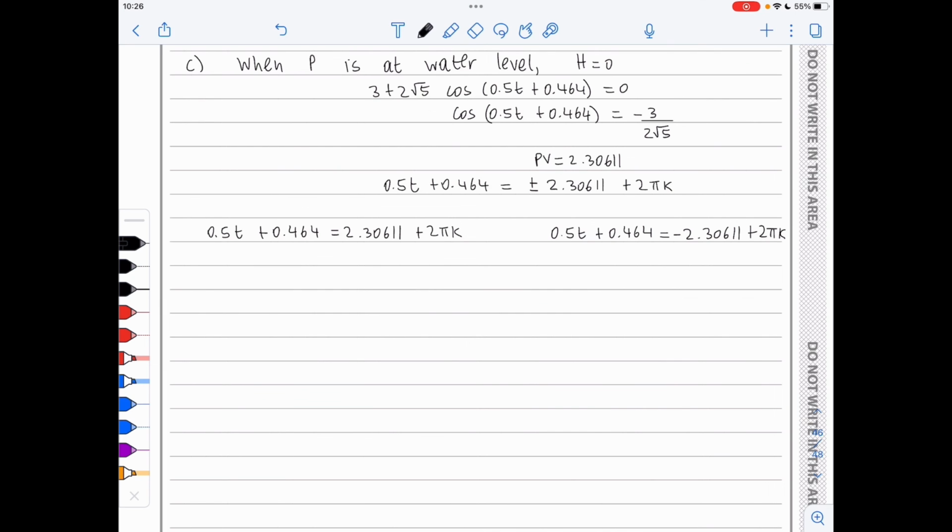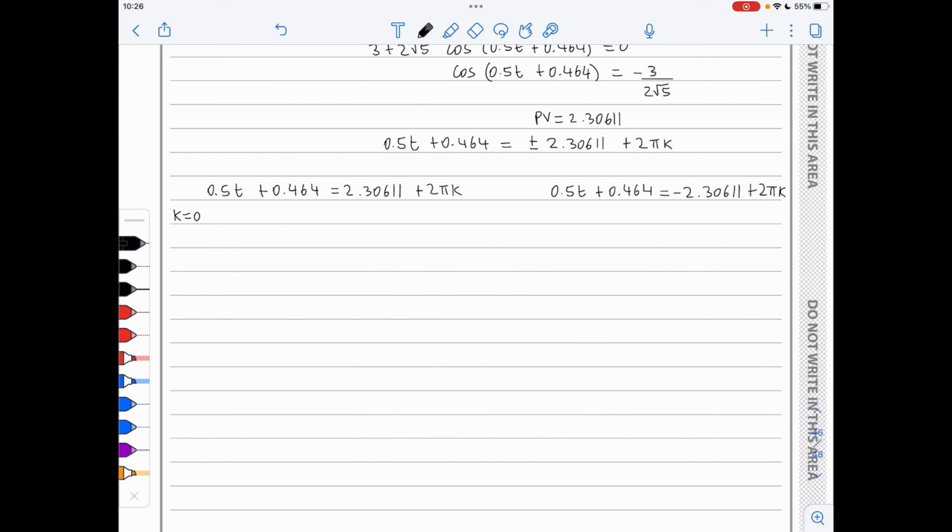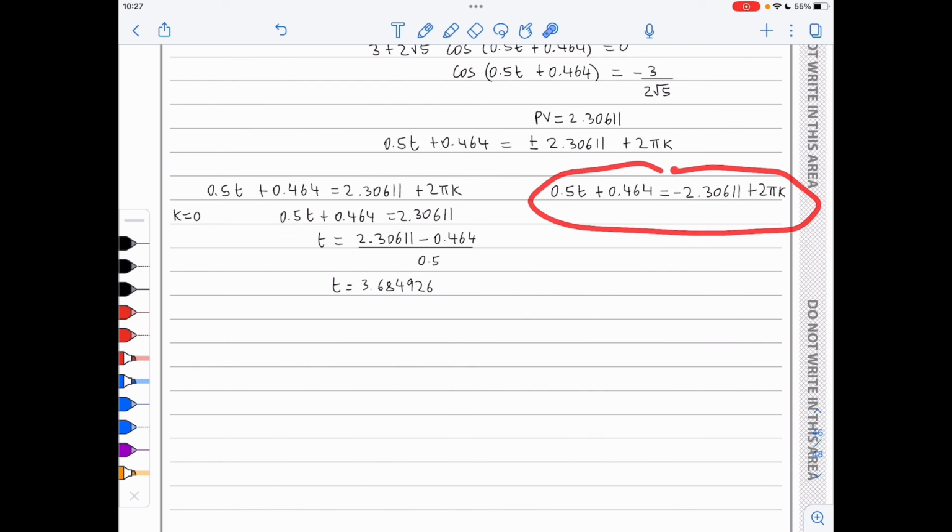Remember, we're trying to find the first two positive values, so I will set k to 0 to get that 0.5t plus 0.464 is 2.30611, which upon rearrangement gives me that t is 2.30611 minus 0.464 and all of it over 0.5, which gives an answer for t of 3.684926.